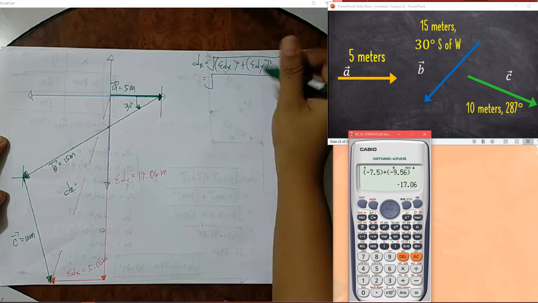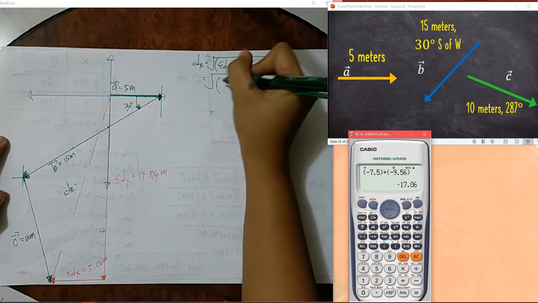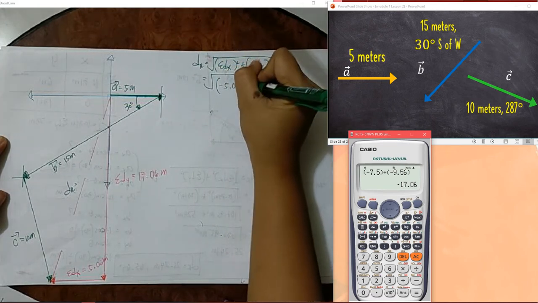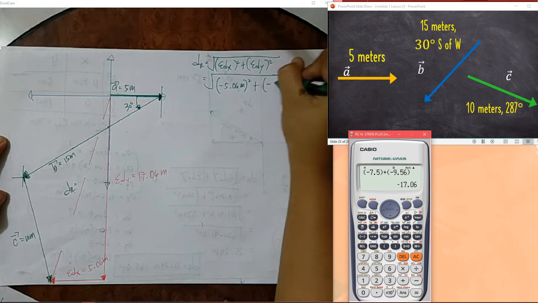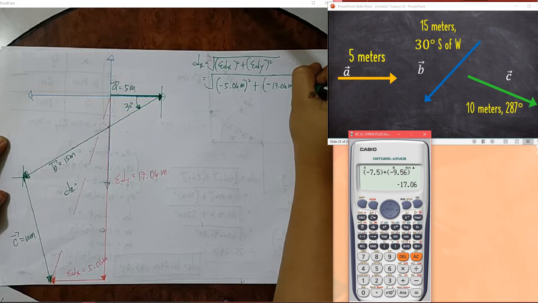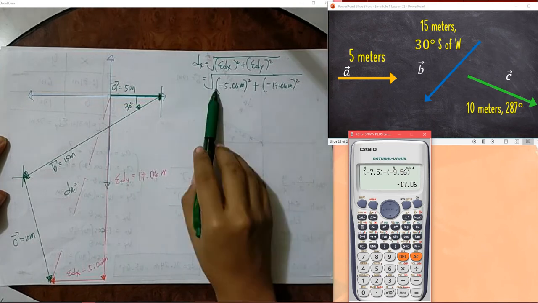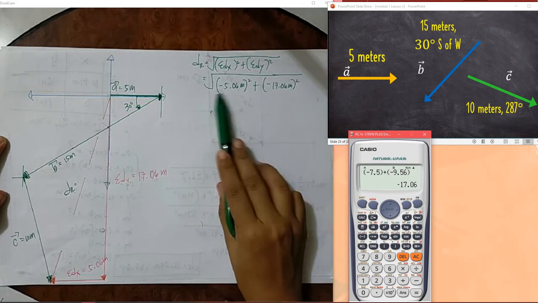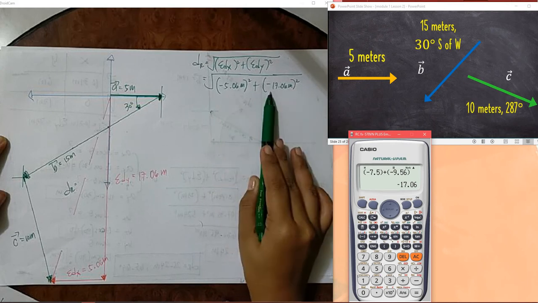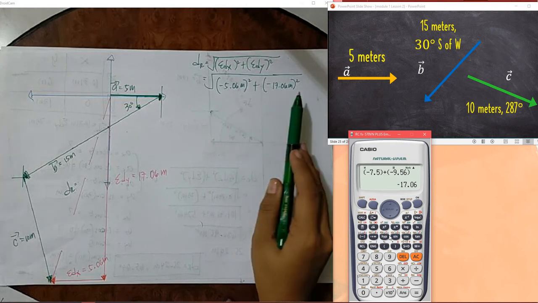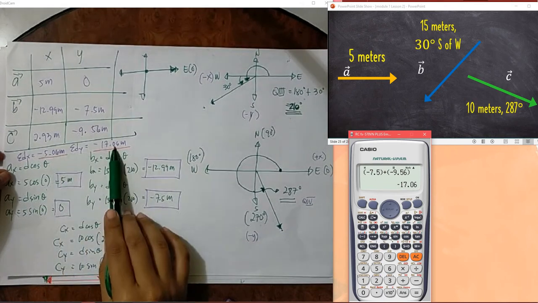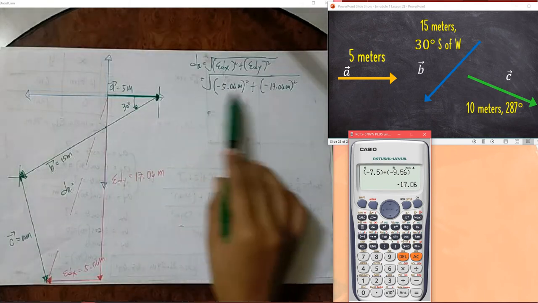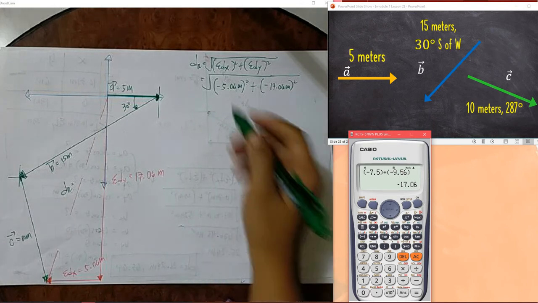Substitute the values. We have negative 5.06 meters squared plus negative 17.06 meters squared. Why are the values negative here? Because again, the negative sign indicates their direction, and going back to our calculations, they are negative, so what we put here should be negative also.